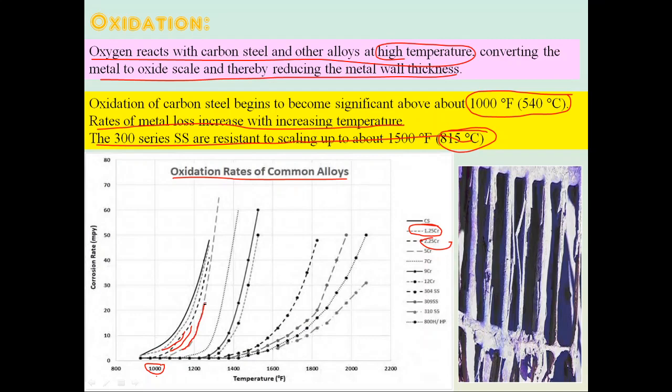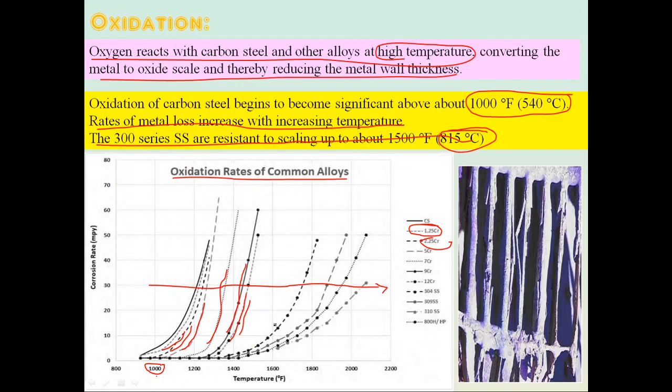So these have further better oxidation resistance. Then comes 7 chrome here, and then P9, 9 chrome, which is further more resistant to oxidation. After this is 12 chrome, which is further more resistant. So here the oxidation resistance is increasing.